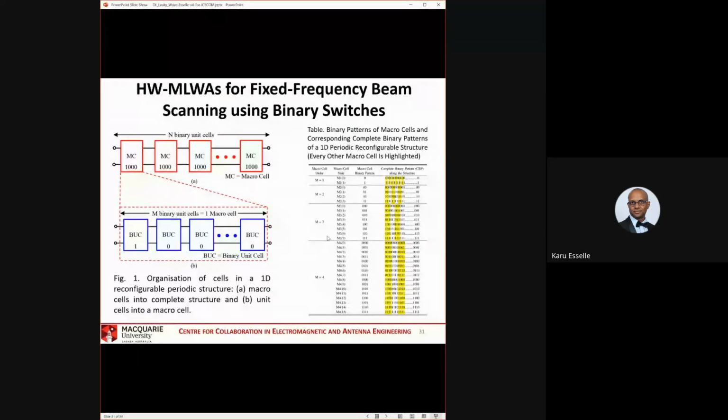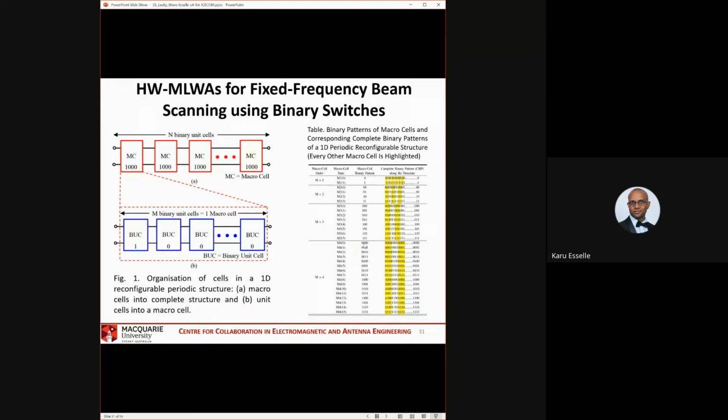Those are the 16. And here it's shown one state, 1, 0, 0, 0, and then we gave names to those. This is basically converting binary to decimal. So 0, 0, 0, 0 is M4 0, 1, 1, 1, 1 is M4 15. That is the state of the macro cell.